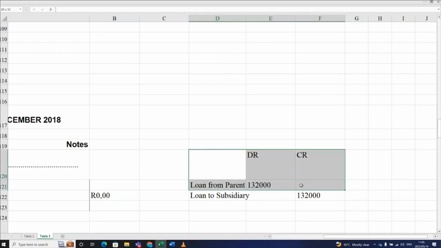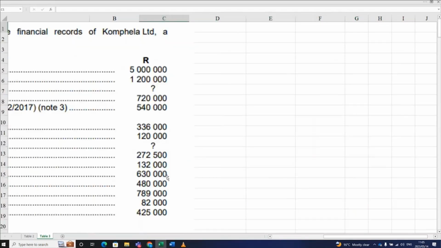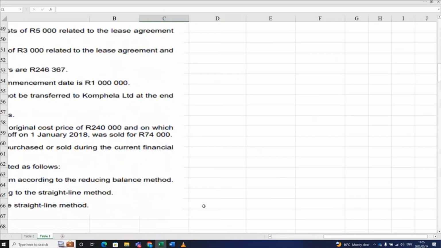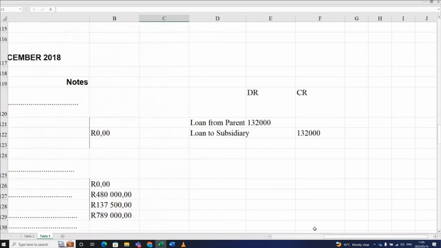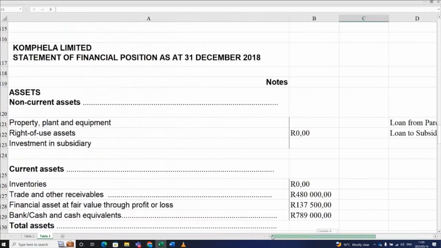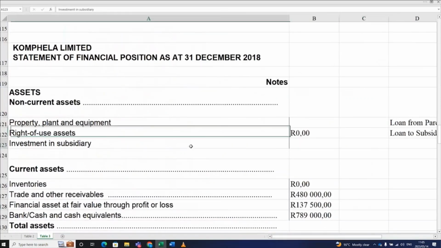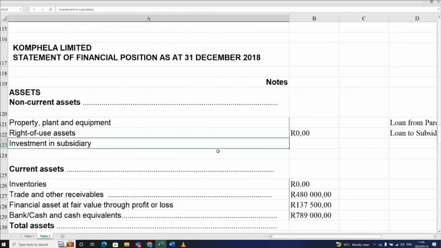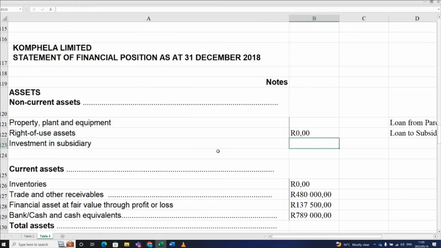So yeah, that's where this elimination journal comes from. For you to see it, here they just have it under one. They don't have the breakdown of it, but essentially most of the time they'll have it separate. So this investment in subsidiary would normally just be the cost.